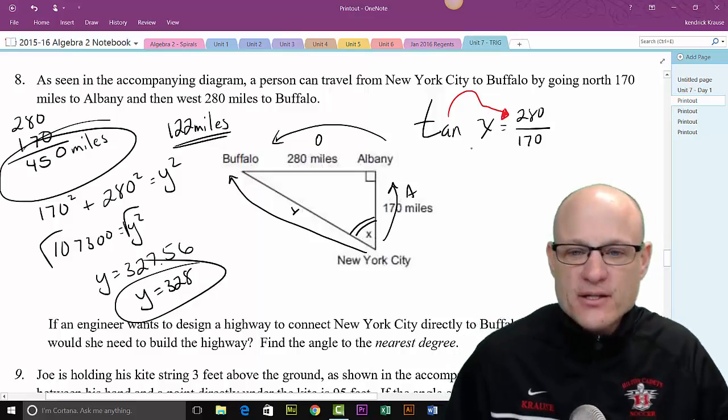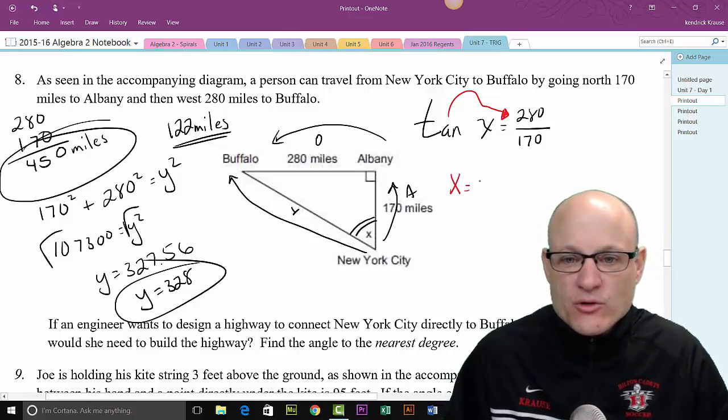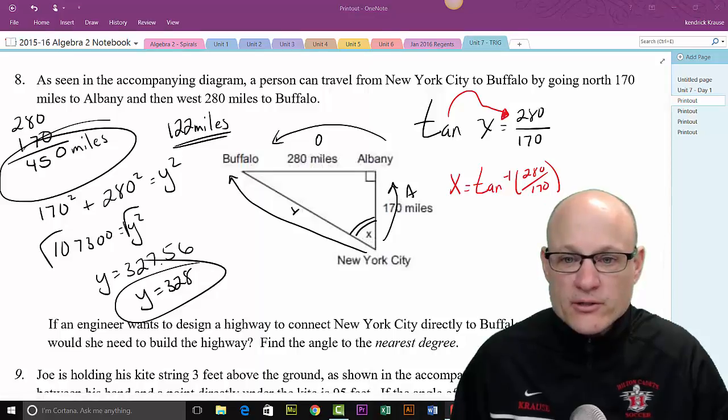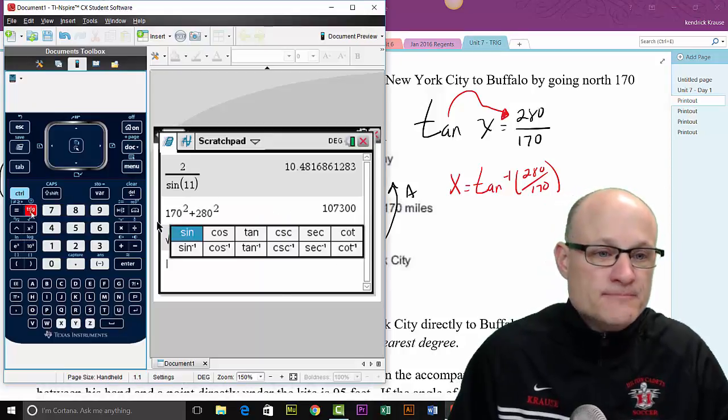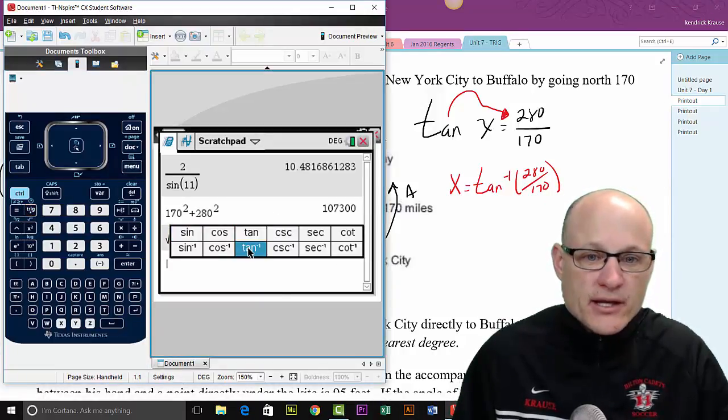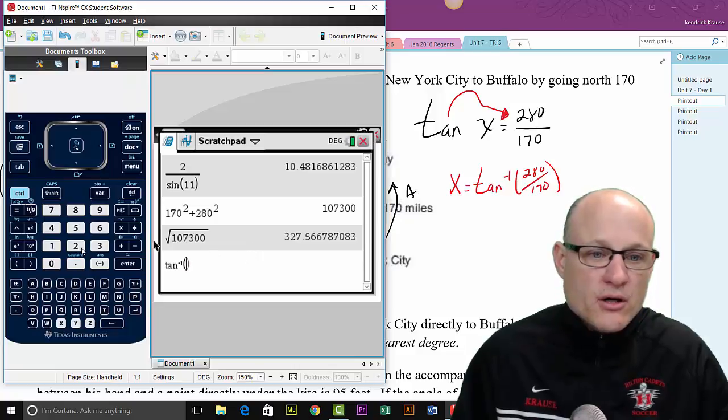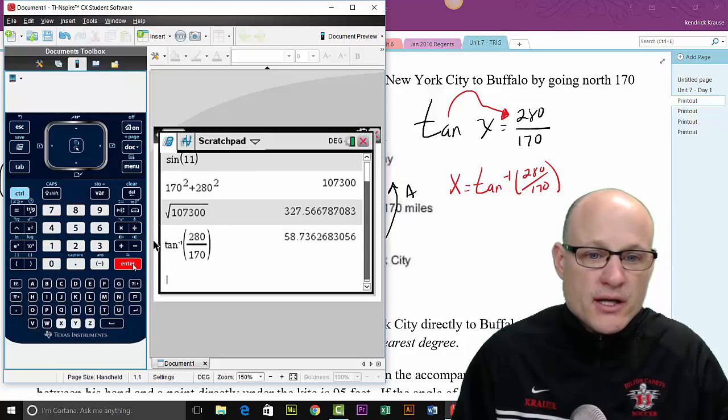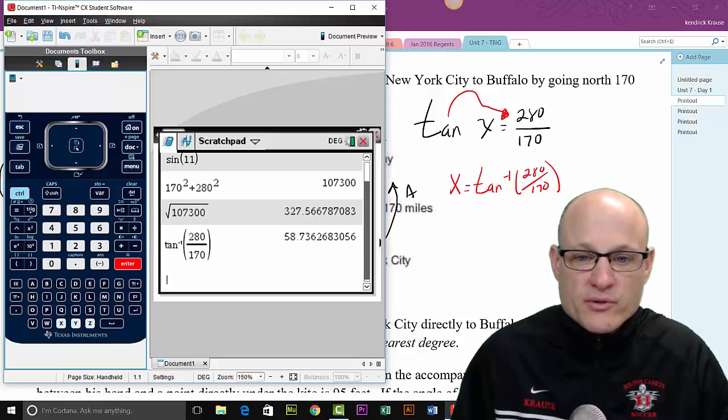Leg. So x equals tan inverse of 280 over 170. I grab my calculator and go tan inverse of 280 divided by 170, and I get 58.736.